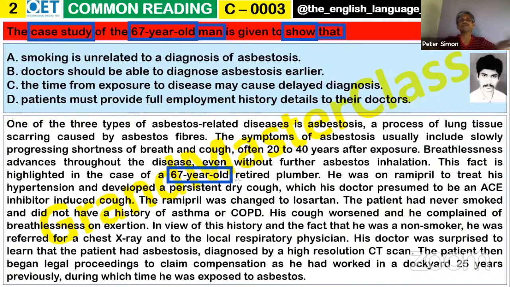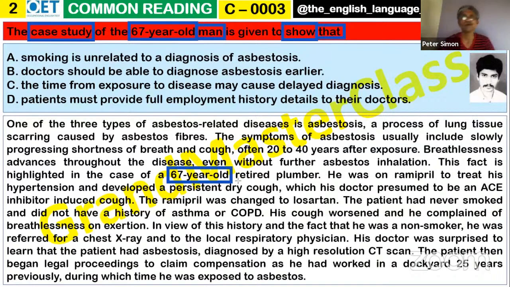When you write 67 years old, that means it's an adjective. But a 67-year-old is a compound adjective, with the number, the unit of measurement, and the adjective of quality. 67 is the number, year is a unit of measurement, and old is the adjective.